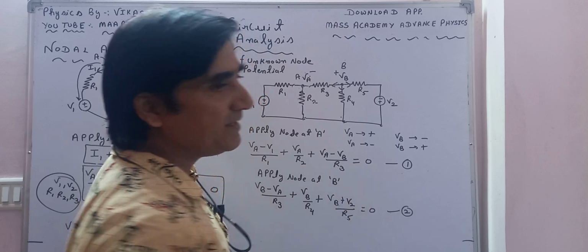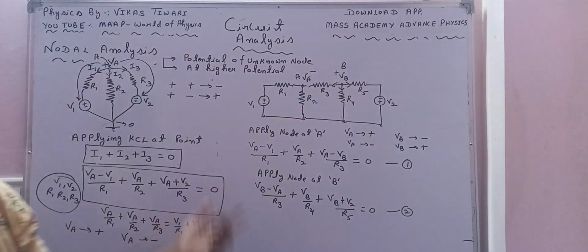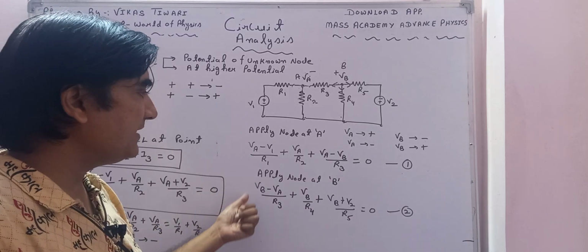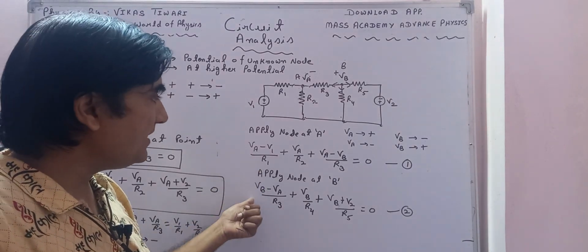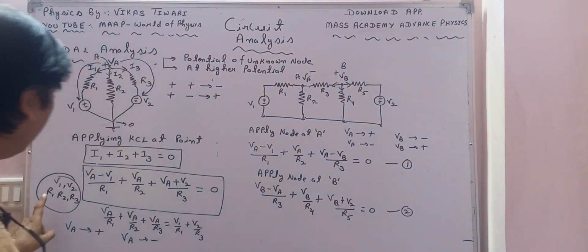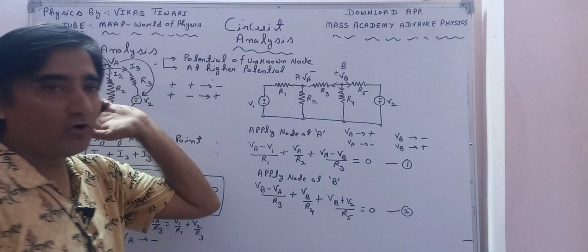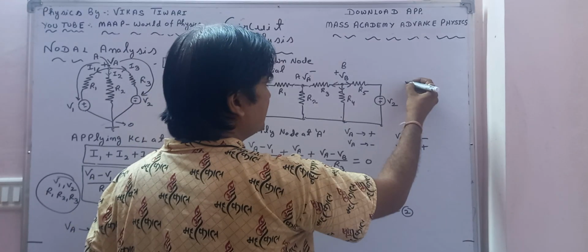These two are simultaneous equations like we solved in our lower classes, like 10th class, 9th class. So these are two simultaneous equations because I have already provided that V1, V2, R1, R2, R3, R4 and R5 are all known quantities.